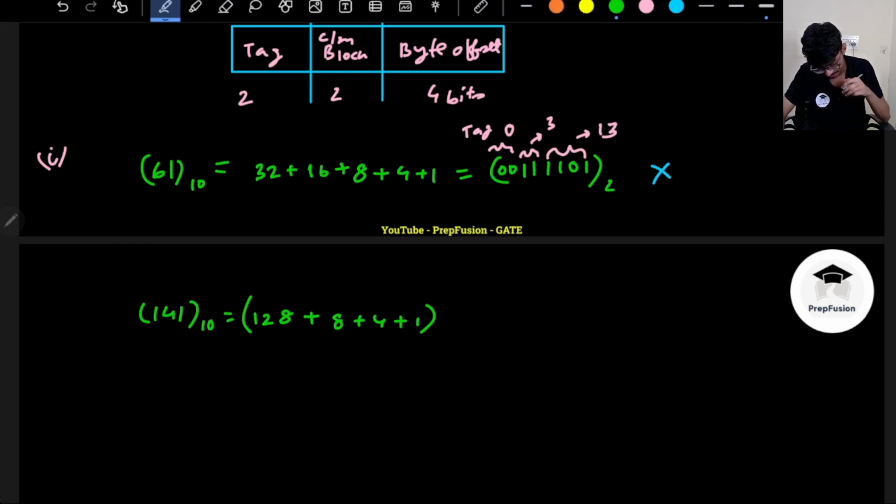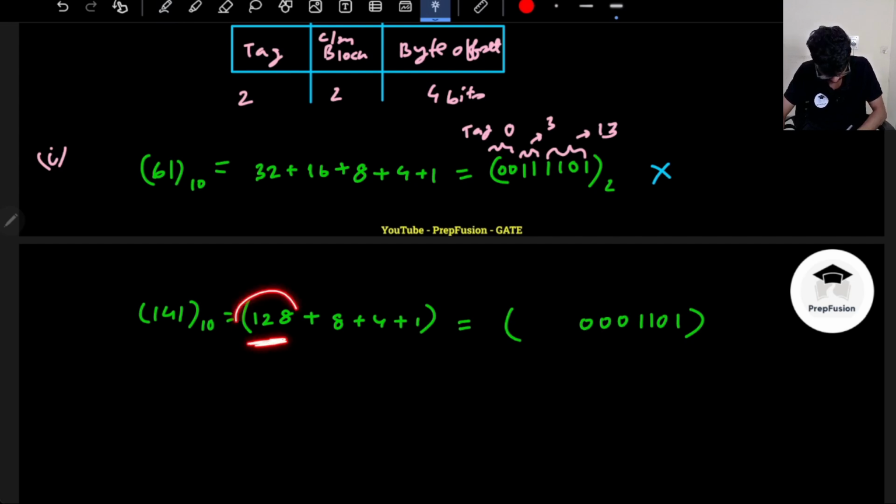So 128 plus 8 is 136. So here I will have a 1, this will be 0, then I will have a 1, then again a 1, then I will have zeros. I will have zeros till what? So this is 2 raised to power 7, correct? So the 8th bit position will be high. So overall I have 8 bits here.